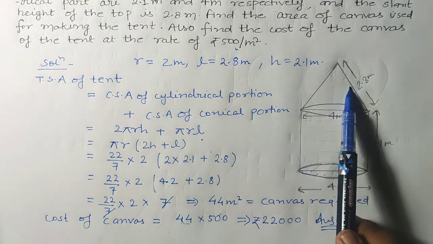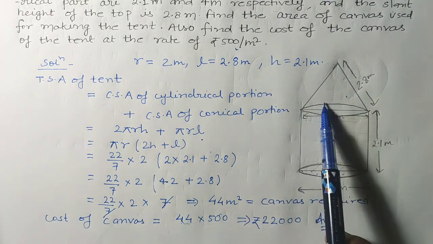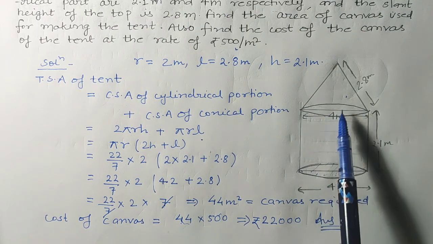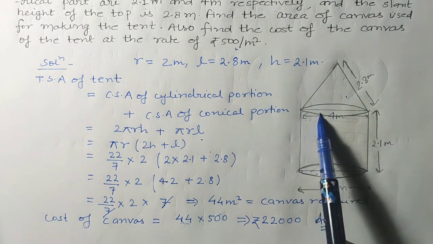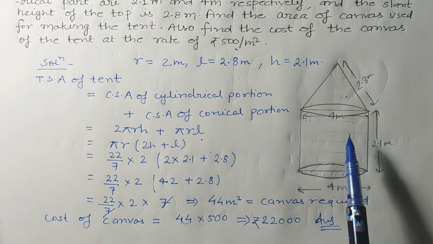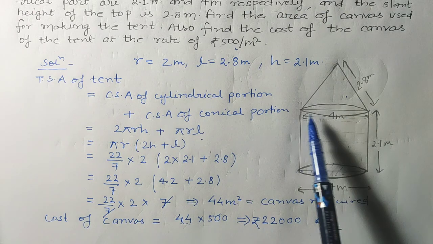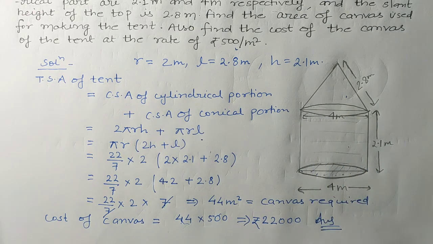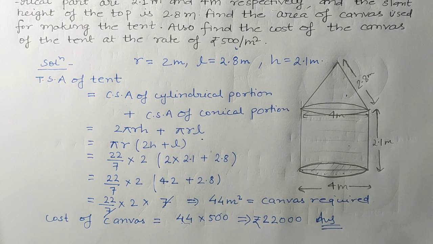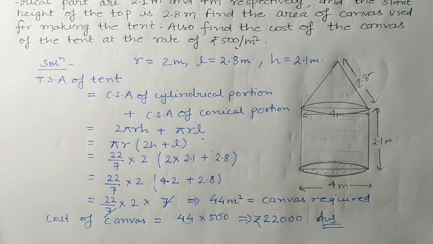And also the curved surface area of the conical portion, because the base of that conical portion will not be taken as part of this tent. Okay, so this was the concept behind this question. So just pause the video and note it down.